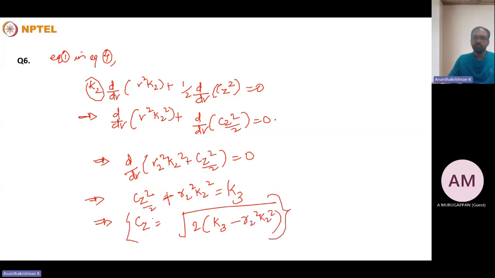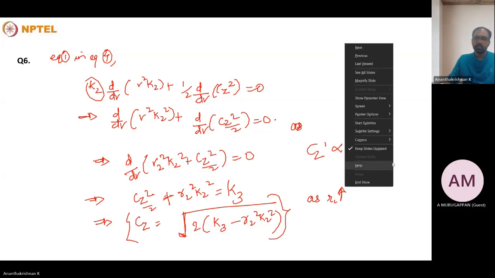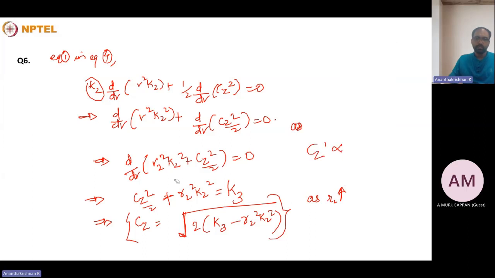So this variation of cz with respect to r squared will be in this particular form. So cz will vary with respect to r negatively. As r increases, the whole term decreases, and correspondingly cz also decreases. I beg your pardon, there is no 2 for r.